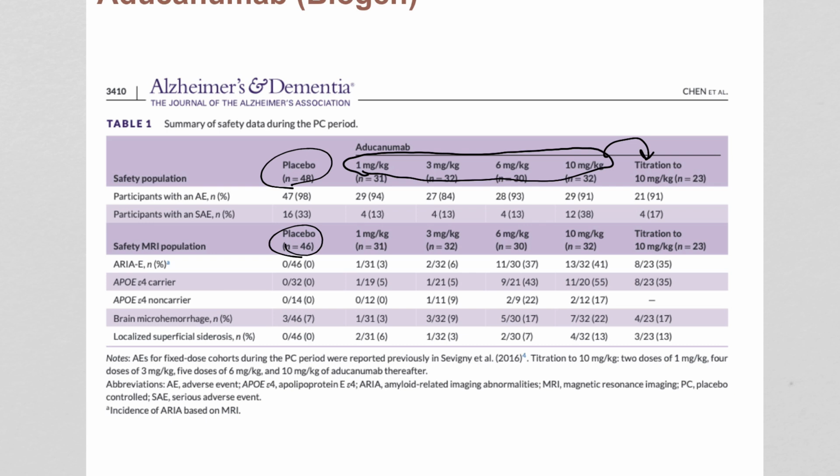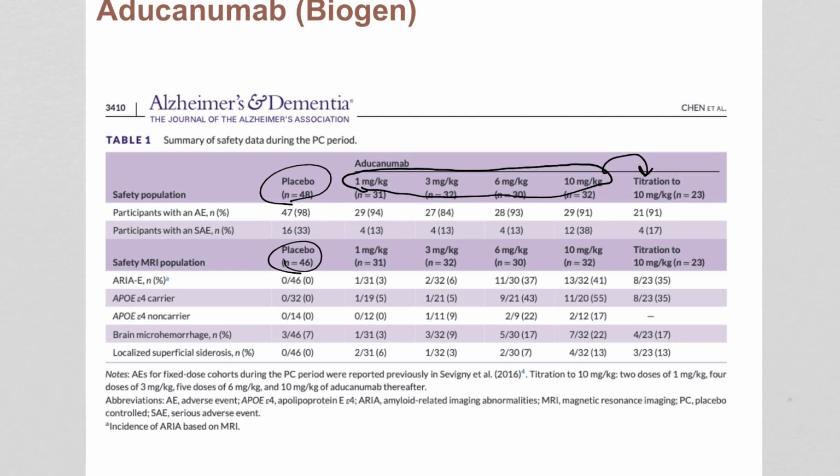One concern that's followed a lot of these drugs is they can target vasculature because amyloids stick to blood vessels in some cases. And so this brain microhemorrhage is one of our biggest concerns. Notice this happened in 3 out of 46 placebos and started happening in progressively larger numbers, unfortunately, as the drug was increased.